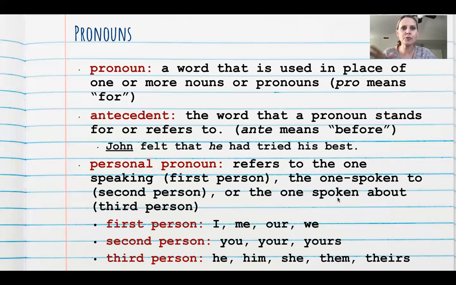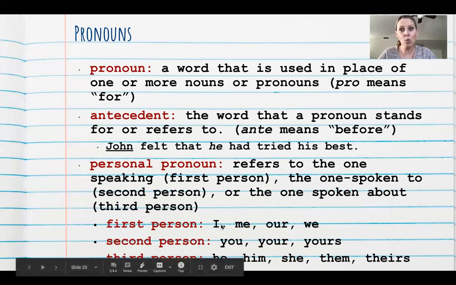So the most popular type of pronoun is the personal pronoun. And we like to divide personal pronouns into first person, second person, and third person. Personal pronouns basically refer to my speaker or the one being spoken about, okay?